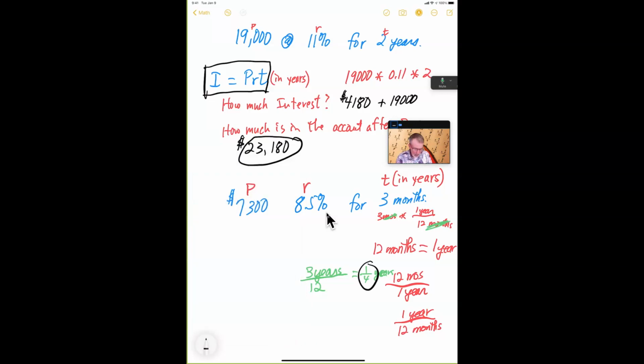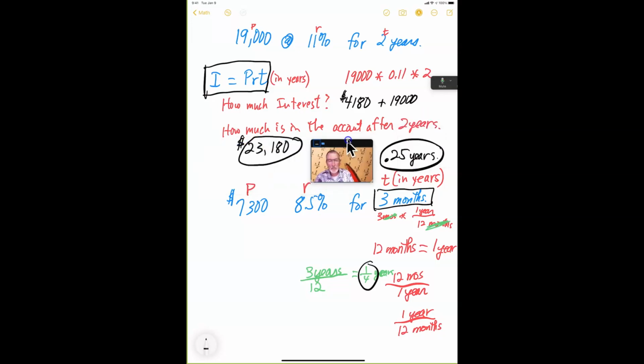And so when we have our formula here, since we've got 3 months we're working with, we're going to write this as 0.25 years, right? And this conversion is pretty easy. Let me put this right here. 3 months you may be able to see instantly is a quarter of a year. But if you can't, you can fall back on this where you do the conversion this way.